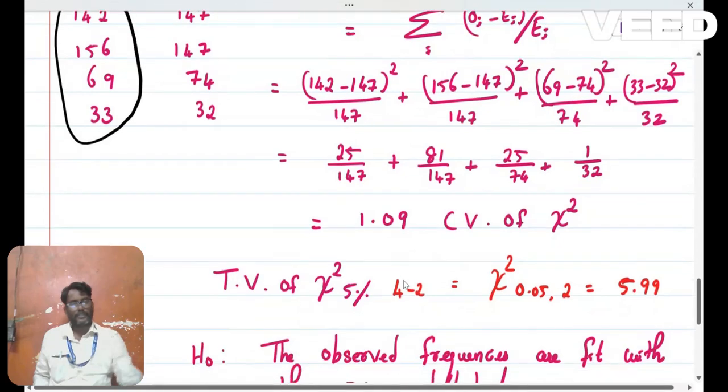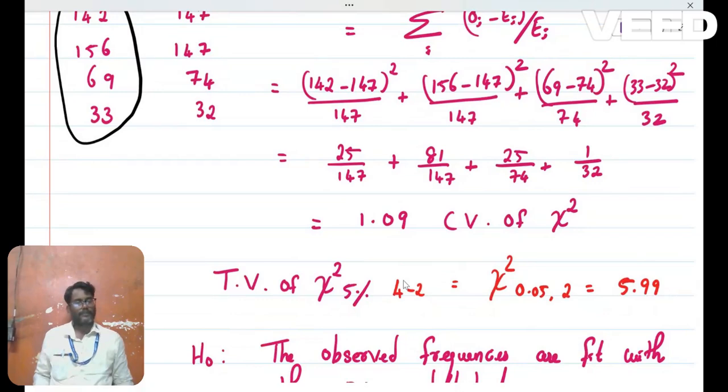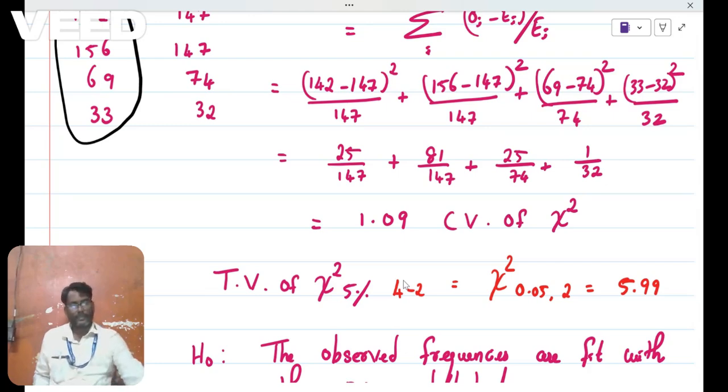On simplification, we get 25 by 147 plus 81 by 147 plus 25 by 74 plus 1 by 32. Using the calculator, the calculated value of chi-square becomes 1.09.